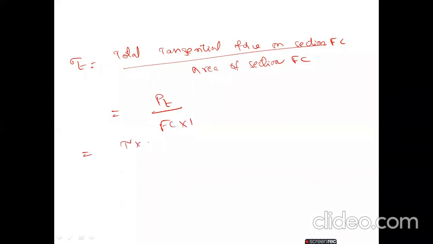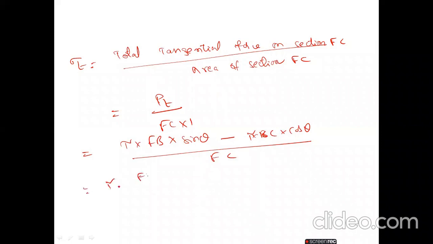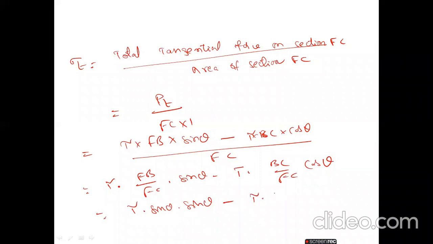So tau into FB into sin theta minus tau into BC into cos theta by FC. Again, tau into FB by FC sin theta minus tau into BC by FC cos theta. So tau into sin theta into sin theta minus tau into cos theta into cos theta. This one we calculated. So now it is tau into sin square theta minus tau into cos square theta.